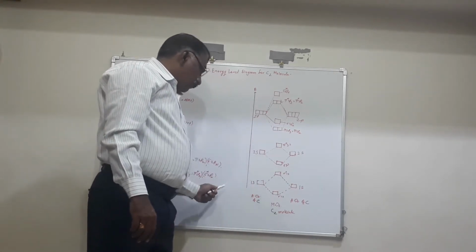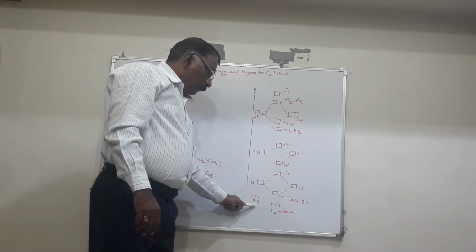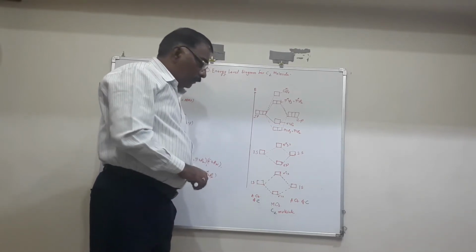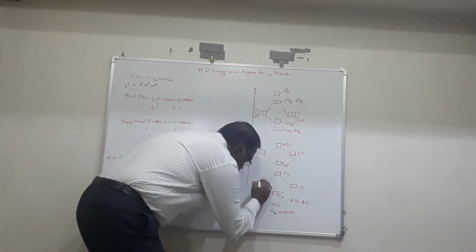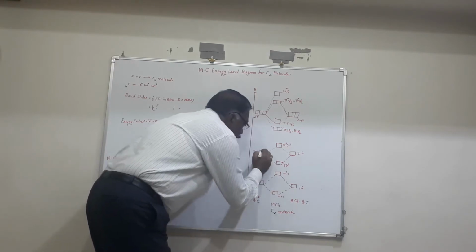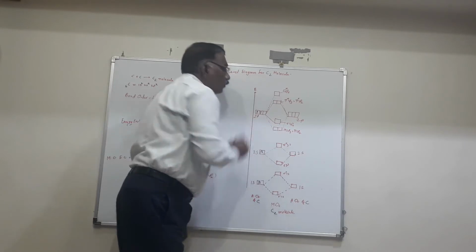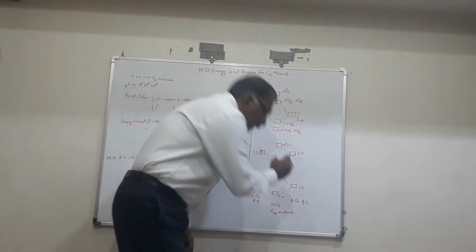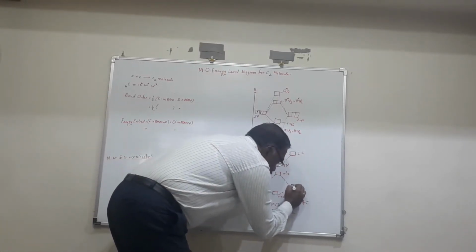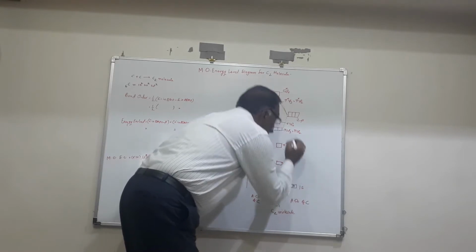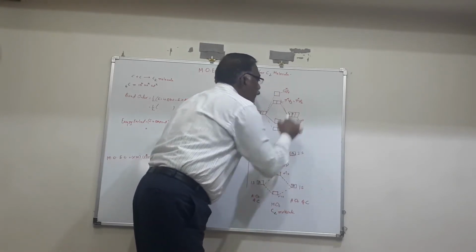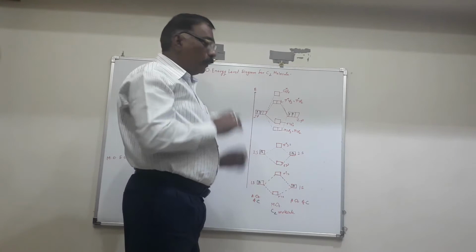Now, the atomic orbitals of the first carbon have the electrons 1s2, 2s2 and 2p2. Similarly, for the second carbon atom, 1s2, 2s2 and 2p2. Now they enter into the molecular orbitals.